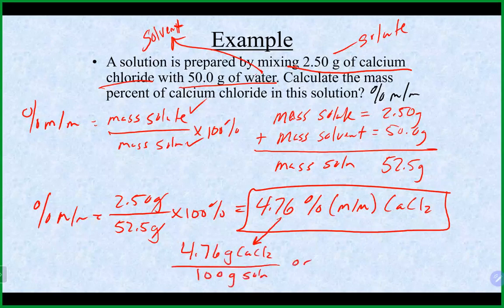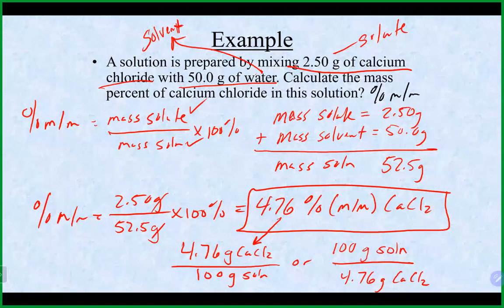If you wanted to use that as a conversion factor in a dimensional analysis approach, you could use it in the opposite way as well. Sometimes you'll come across problems where they give you the percent concentration, and it's good to convert it into usable conversion factors and do a dimensional analysis approach. You could assume 100 because it keeps the numbers the same. But that's a good way to do that. Any questions on that?